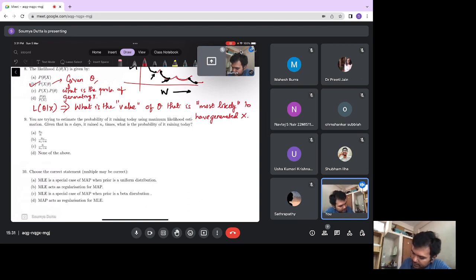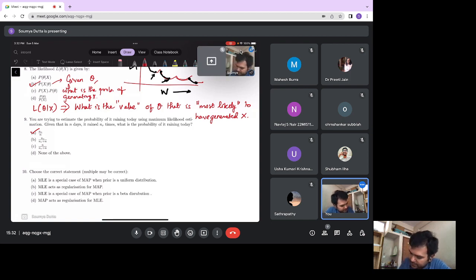If you have an idea of maximum likelihood, this is pretty simple: if it is n days, out of which it has rained nr days, then the probability of it raining on one particular day is nr by n. So that is the maximum likelihood estimate that you have.